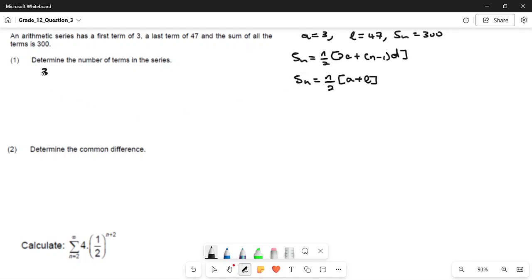So we know the sum is 300, then n divided by 2, and we have 3 plus 47. Let's say 300 times 2, we'll have 600 there, and then 50n, and then divide everything by 50.